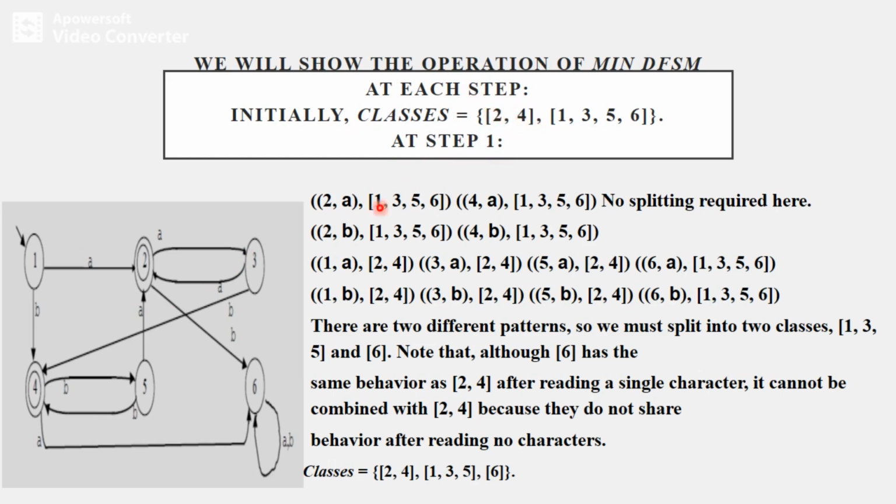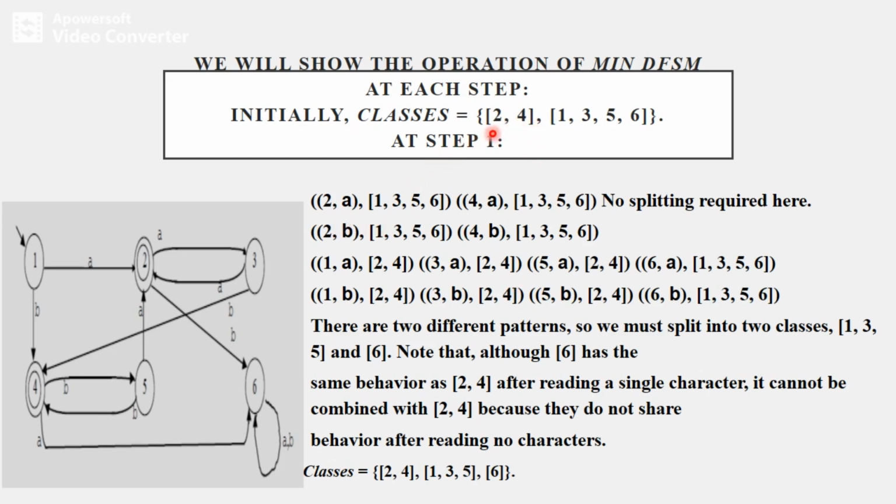Now you should see, on each character of the alphabet, how 2 and 4 behave. If 2 and 4 behave the same way on a certain input character, then there is no need to split it. Otherwise, you have to split it.